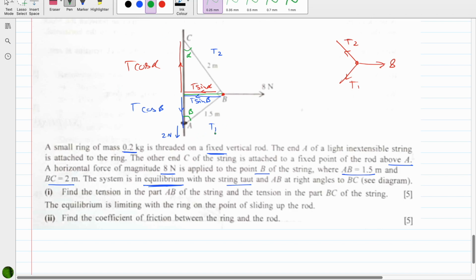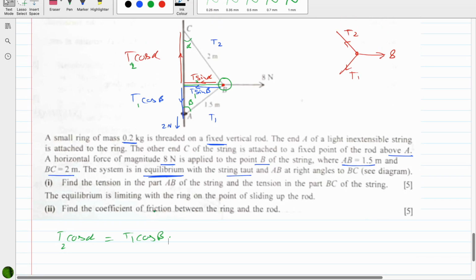Now we have all the splits and we can solve around this point B. So upward force equals downward force. This was T1, this was T2. So T2 cos of alpha is equal to T1 cos of beta.